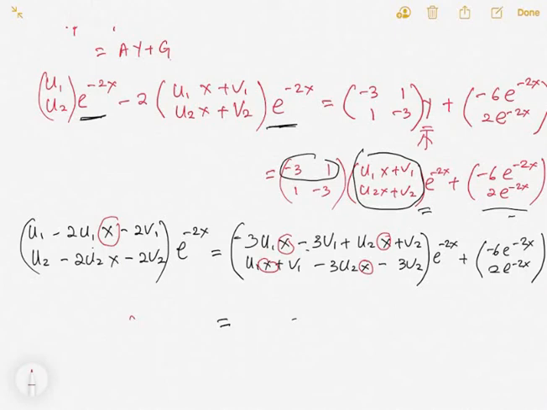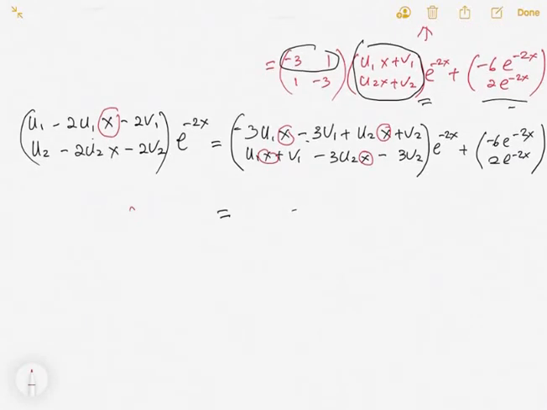So now you can separate the exponent negative 2x and the x exponent negative 2x. Alright? So for the x exponent negative 2x, you have negative 2u1 and negative 2u2.